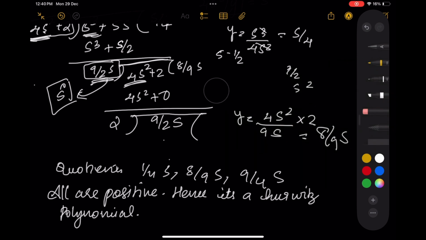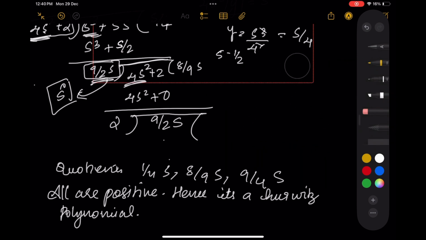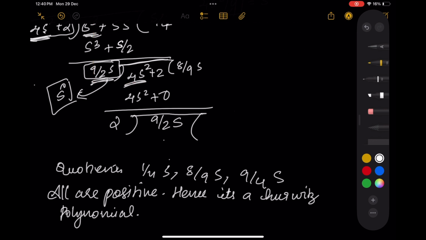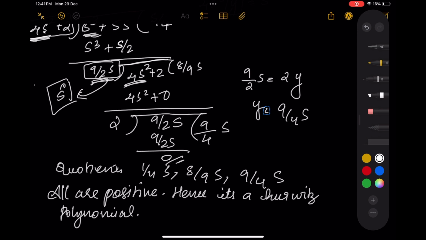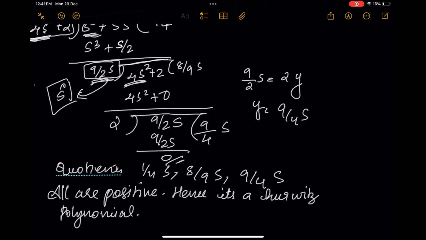So I'm just putting out my previous calculations. How to get 9 by 2s? 9 by 2s is our target. We have to multiply something with 2 to get this value. So y has to be 9 by 4s. I'm multiplying it with 9 by 4s to get 9 by 2s, and the final remainder will be 0. Now we have done our continued fraction division.